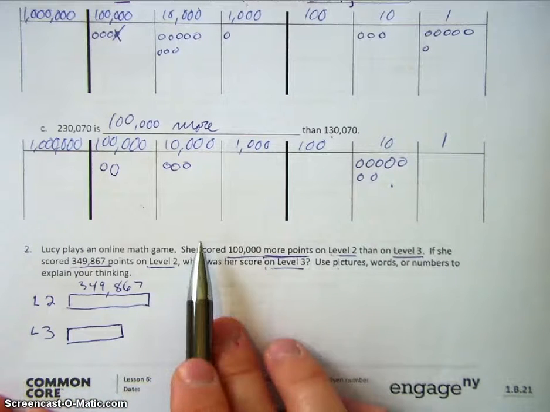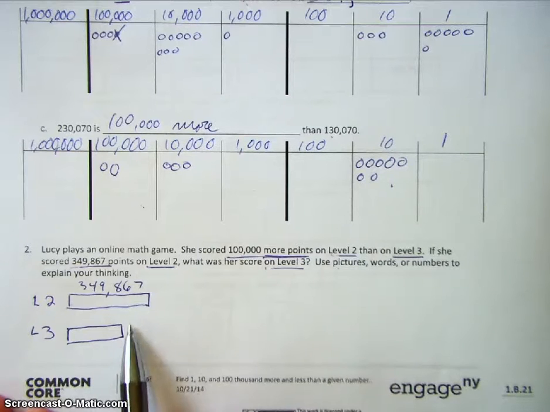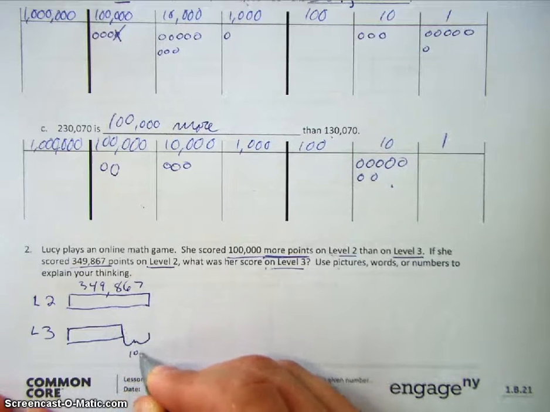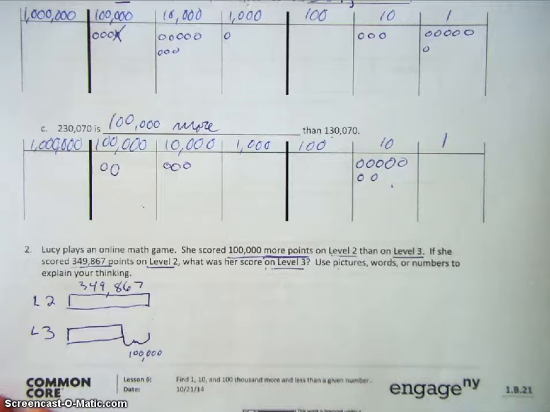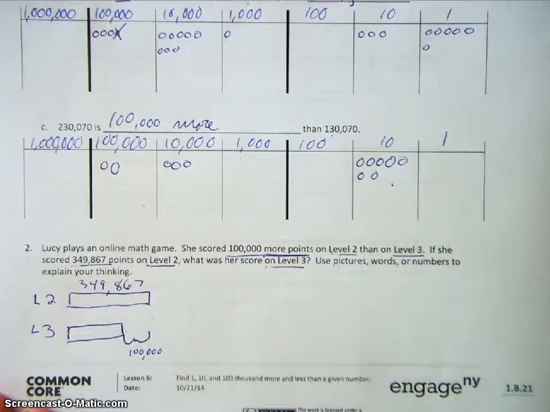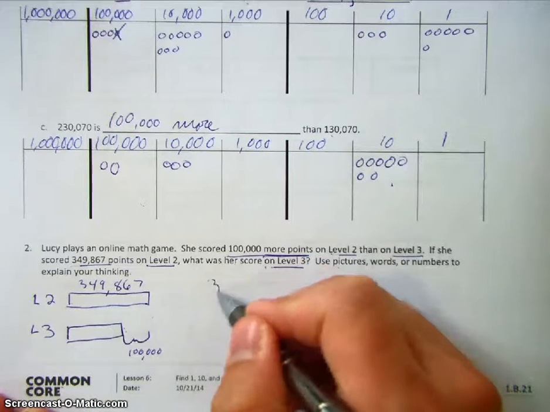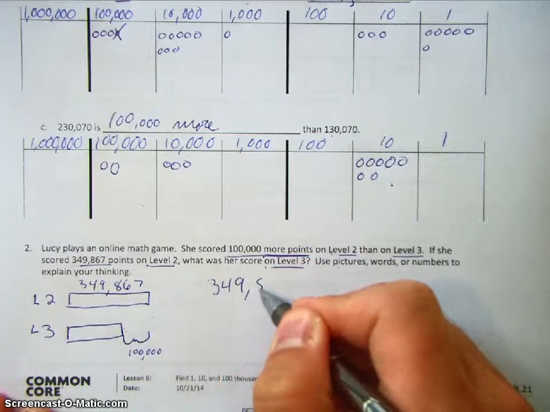Now we have 100,000 more points. So that tells us the difference between level 2 and 3 is 100,000. So this amount right there is 100,000. Now in order to get our new number here for level 3, we need to do some subtracting.